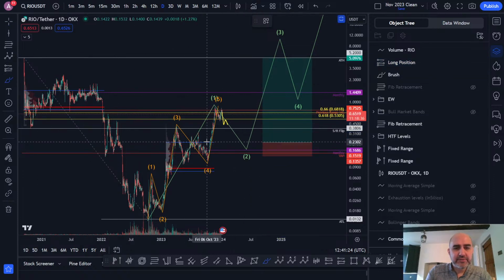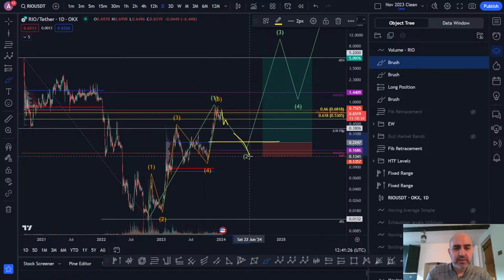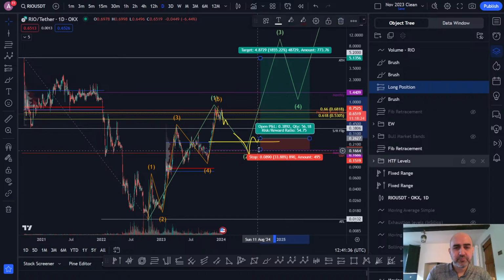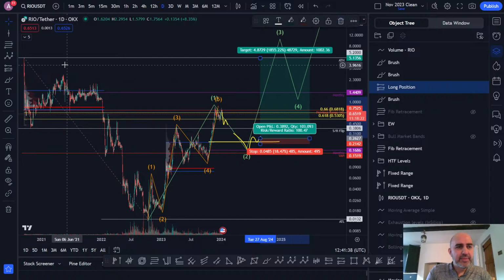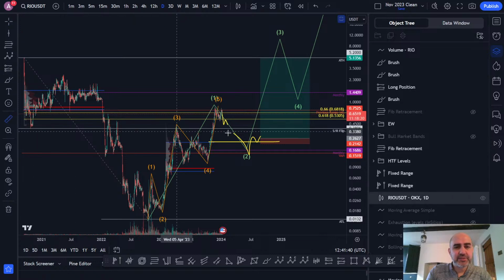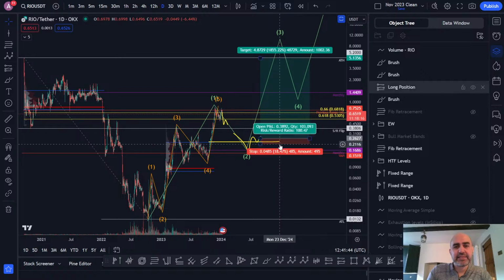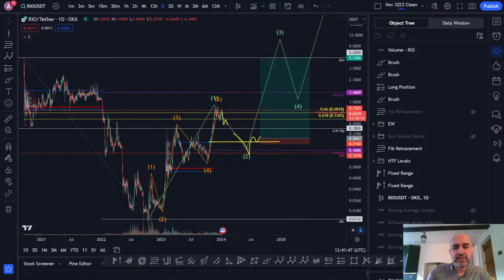A loss of this value area high, and then a reclaiming of the value area high as support, is your best entry because you have a really small invalidation. And then you're looking at a really amazing trade because you could go all the way to the all-time high, and that's a 17x right there.